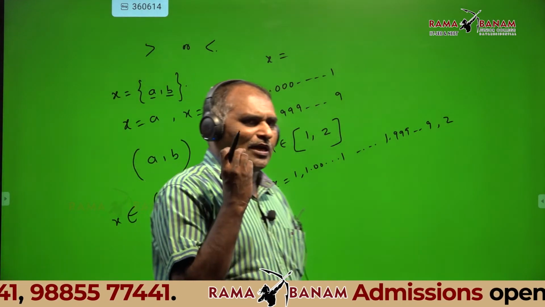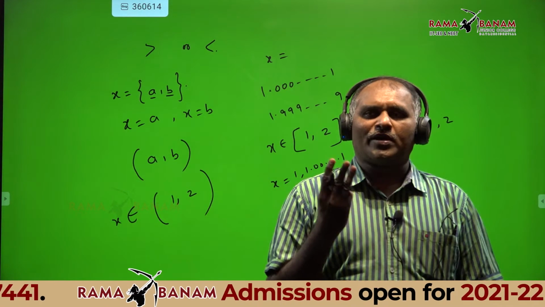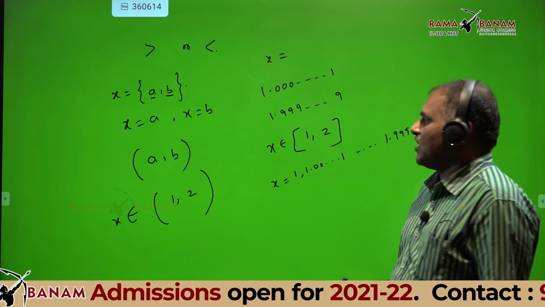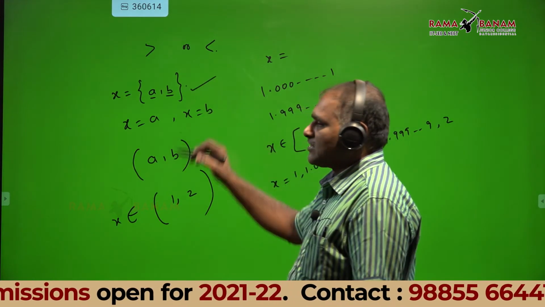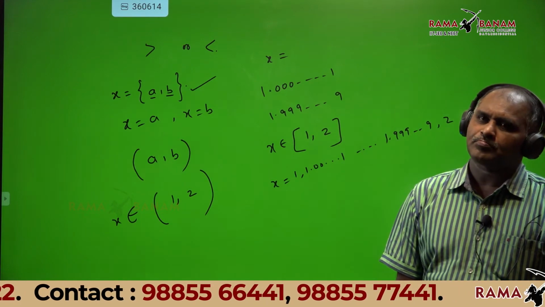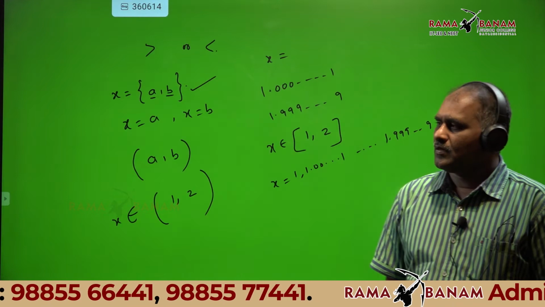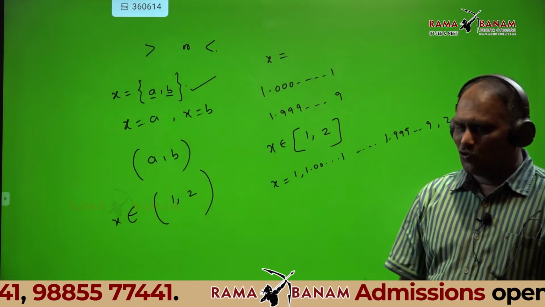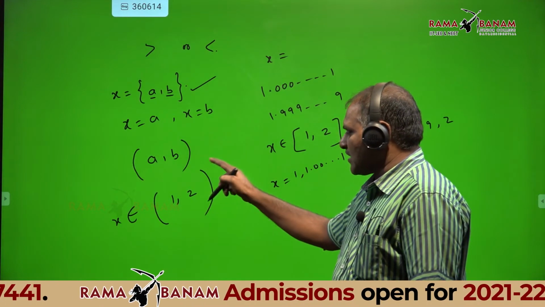There are 3 types of brackets. What are they? First, curly brackets. What is the meaning of curly brackets? Only the two values. What about open brackets?